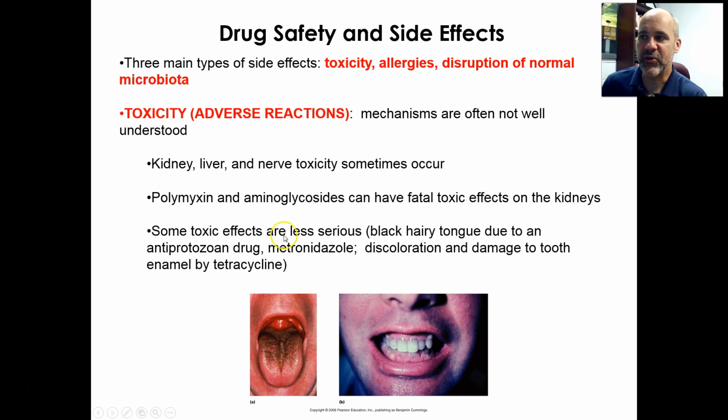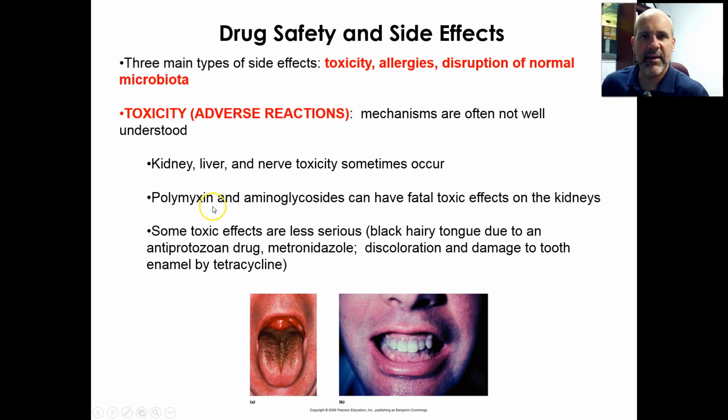For some reason, this drug triggers those to grow longer, so they kind of look a little bit hairy, and then they trap debris from your foods and so forth on the tongue, and it can make the tongue look black when it's not really black. So that's kind of gross, and not something that's going to be harmful to you, and it will go away when you stop taking the drug, but that's an example of a cosmetic side effect.